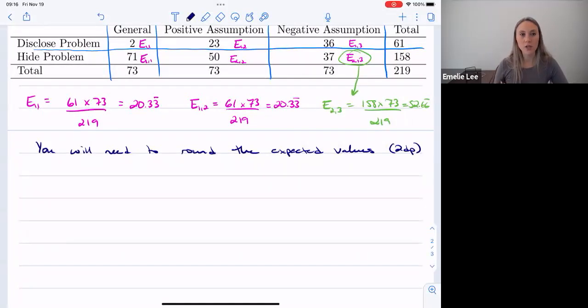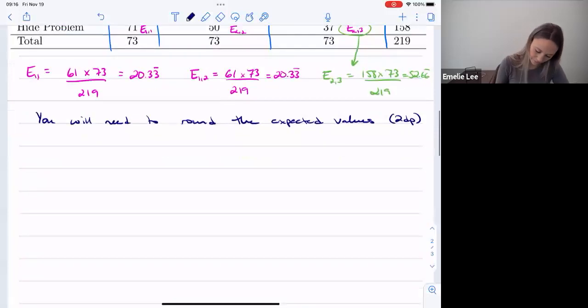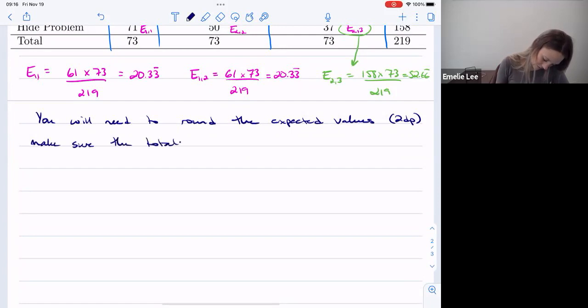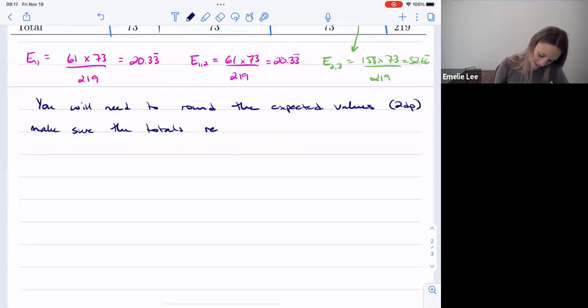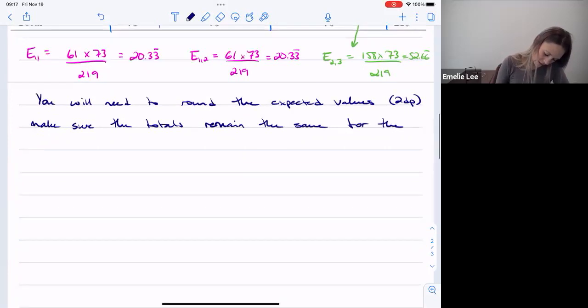Just make sure that the totals for the expectations remain the same. Make sure the totals remain the same for the expected values.